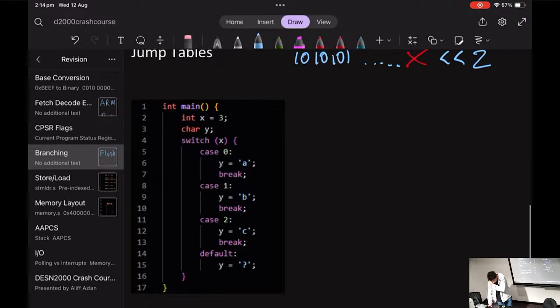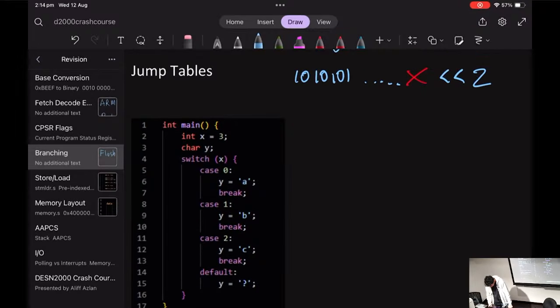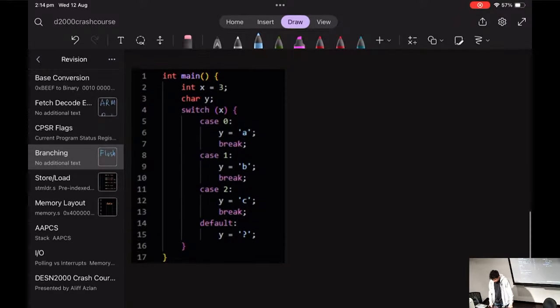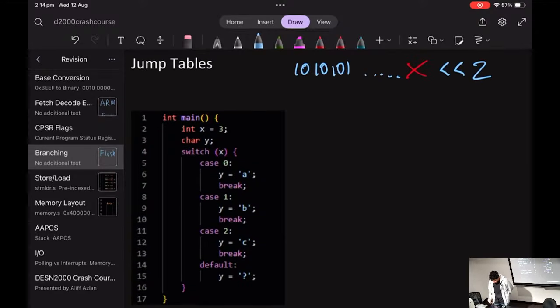One thing I also want to talk about, which might come up, is jump tables. A jump table is basically when, let's say we have this sort of C code, which is a switch statement. Are you guys familiar with switch statements?